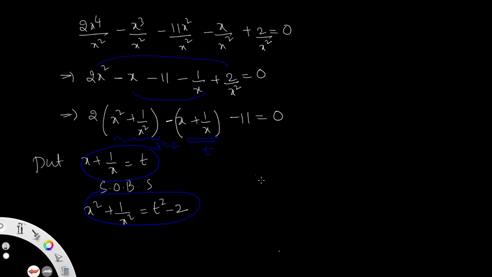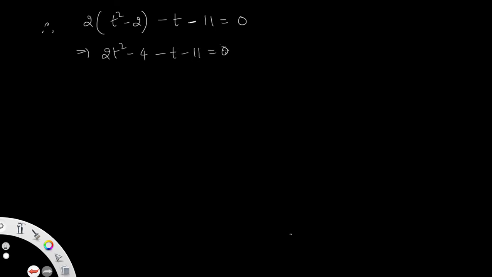So therefore 2 into t square minus 2, minus t minus 11 equal to 0. So that is 2t square minus 4 minus t minus 11 equal to 0.